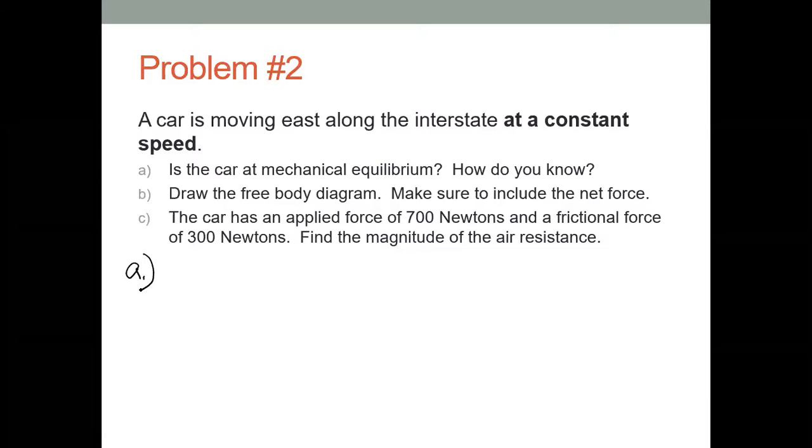An object at rest stays at rest, or constant speed, right? Good. Or it stays in motion at constant speed. So in this case, since the car is moving at a constant speed, is it in mechanical equilibrium? Yes, it is in mechanical equilibrium because the speed is not changing.